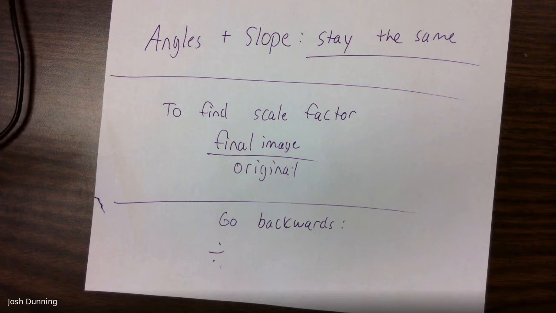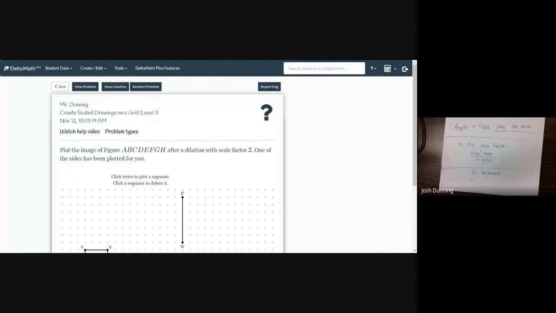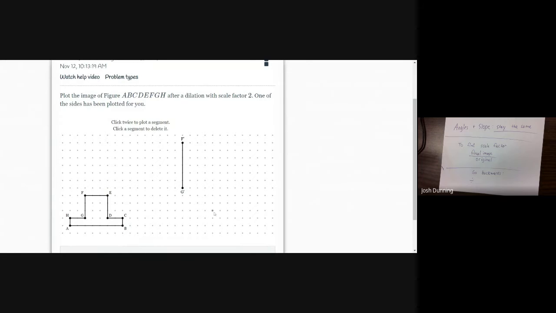Let me share my screen here. So, plot the image after a dilation of scale factor 2. So everything's been doubled.